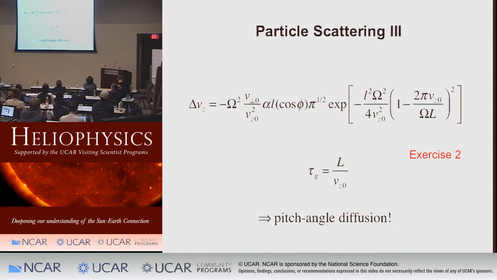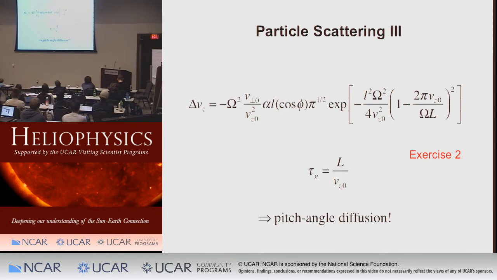So the only thing you can really change is the change in the z component of the velocity, and also the perpendicular piece, of course. If you divide this by v, it's just mu, the cosine of the pitch angle. So this is the change in the cosine of the pitch angle after the particle's gone through this little wiggle. And it has the following properties.